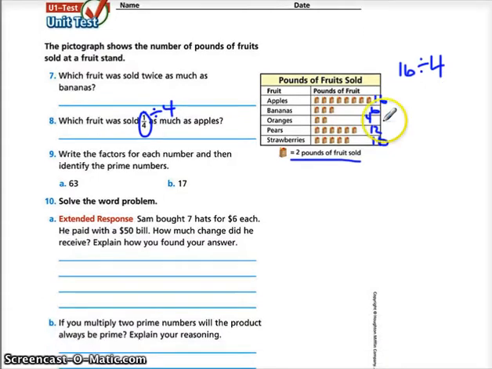Number 9, write the factors for each number and then identify the prime numbers.